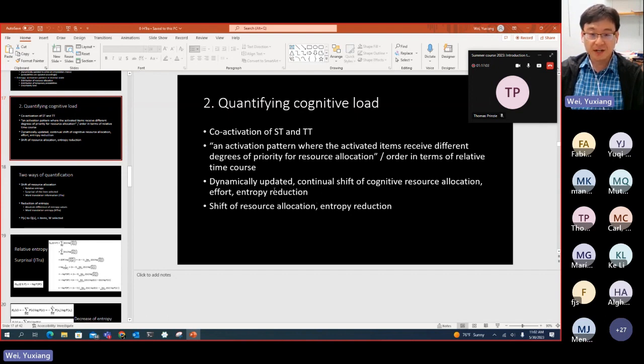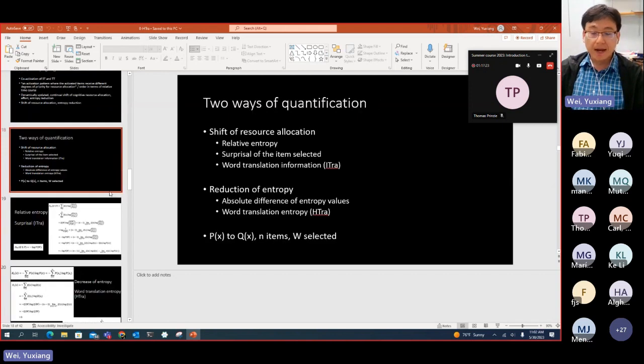The extent to which entropy is reduced. So entropy reduction can also be another metric. If we have two mental states, we can either calculate the relative entropy of these two states, which represents the shift of resource allocation, or the absolute difference of entropy value of these two. Those are the two that I'm going to compare.